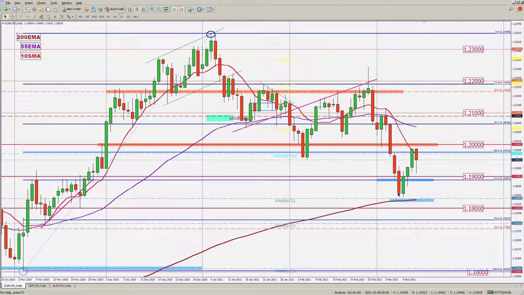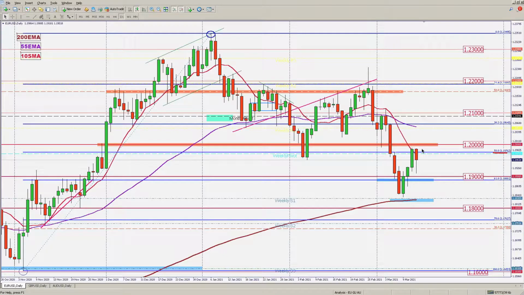After dipping lower at the start of the week towards the 200 EMA, it bounced back up to recover to the 50% FIB retracement level of this swing move up.